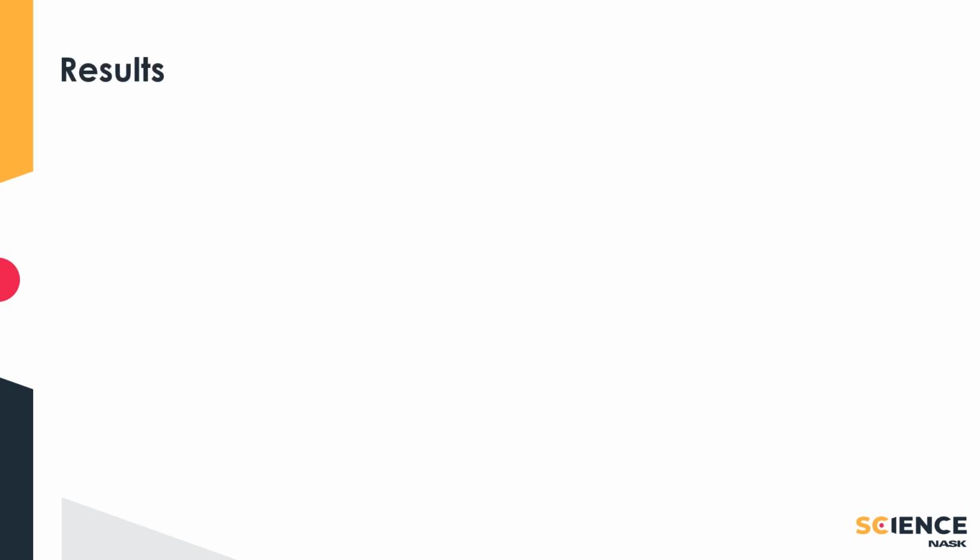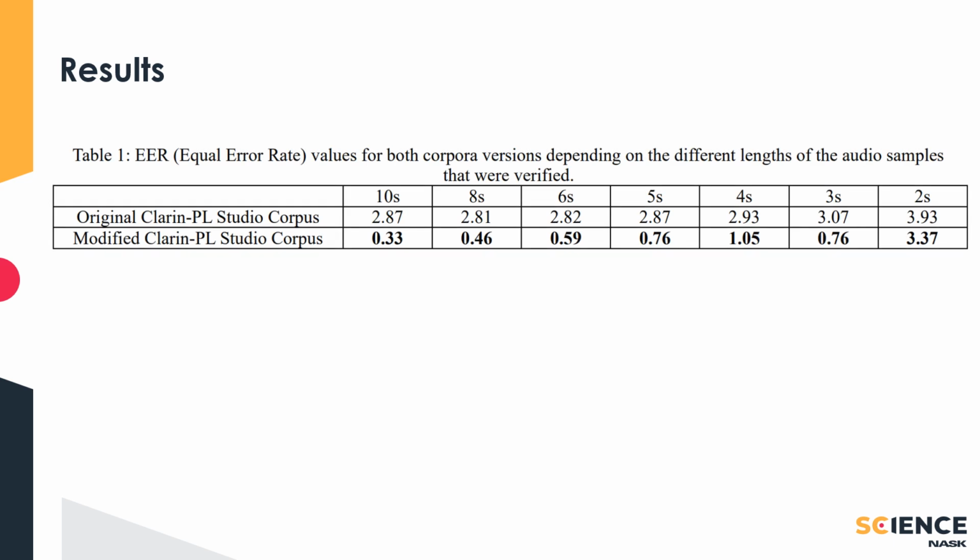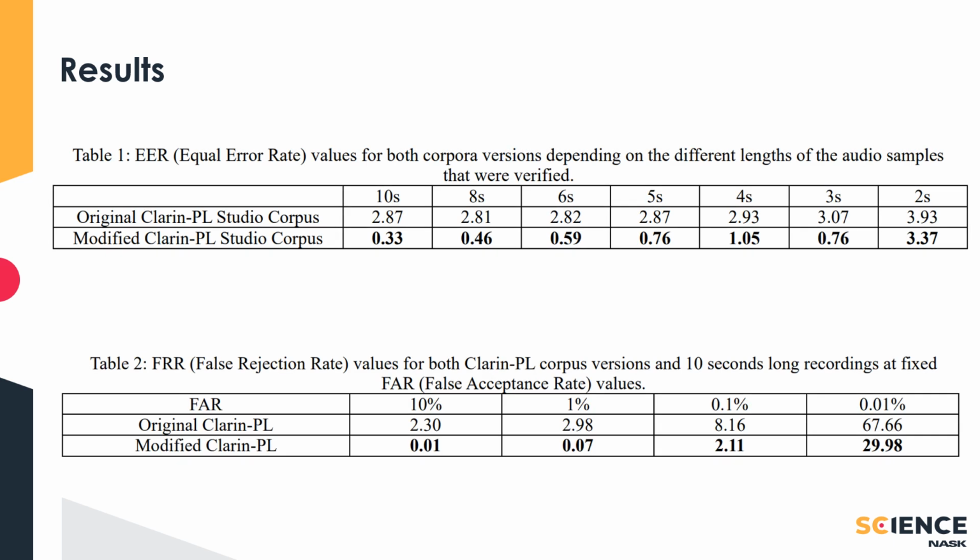Post-modification evaluation presented improved biometric verification performance with notably lower equal error rate and false rejection rate values as detailed in the two tables. These improvements underscore the enhanced reliability of speech corpora metadata. It is worth mentioning that the aforementioned inaccuracies stem from the database's originally different purpose.